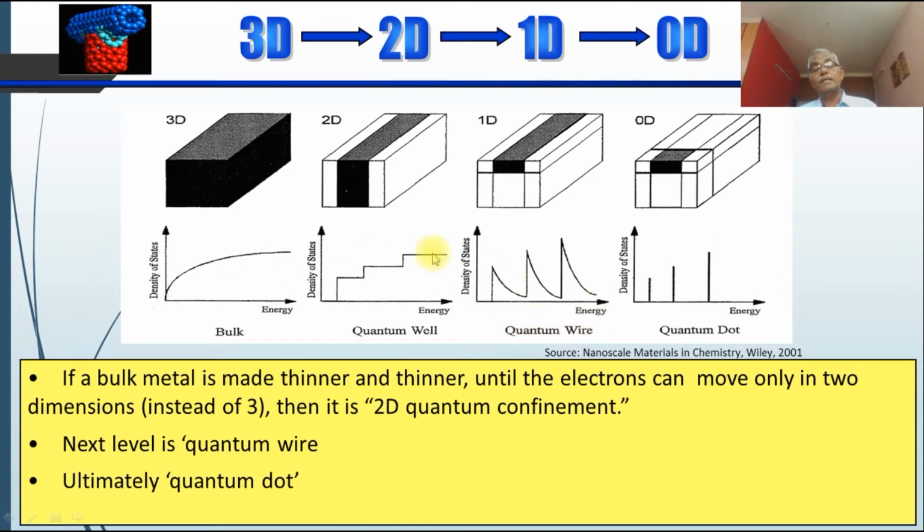You can see comparatively from a smooth graph to a stepwise one to again peak-wise, where sharp peaks are observed. And again if we reduce the one-dimensional wire into a quantum dot, that means it has almost no dimension. So from 3 dimensions to 0 dimensions, wherever the particles are, the energy is like a spike, a one line dot.